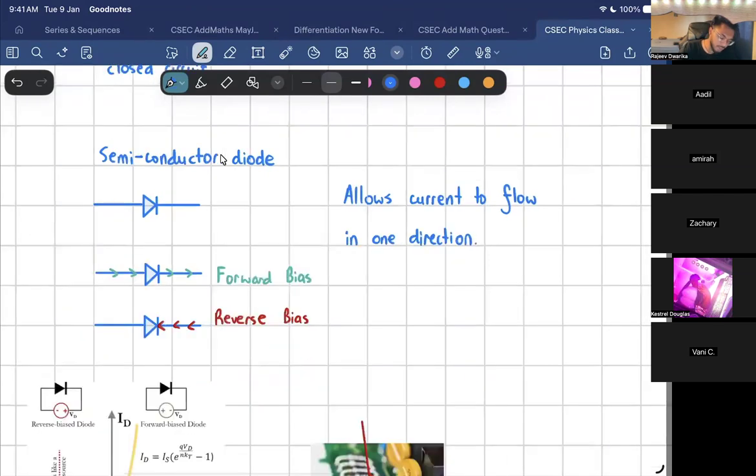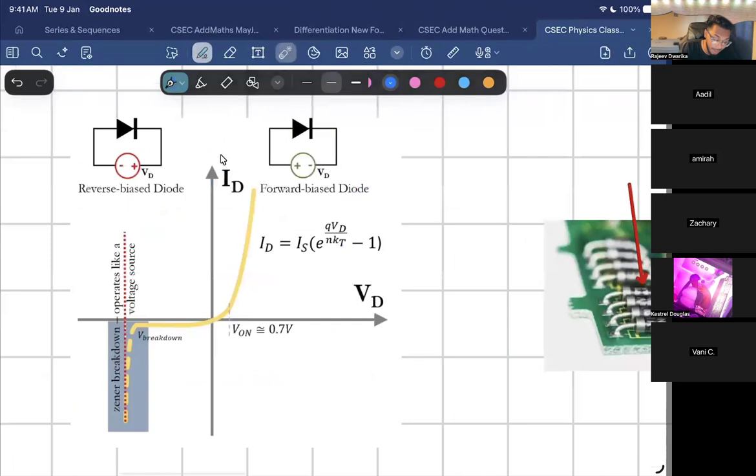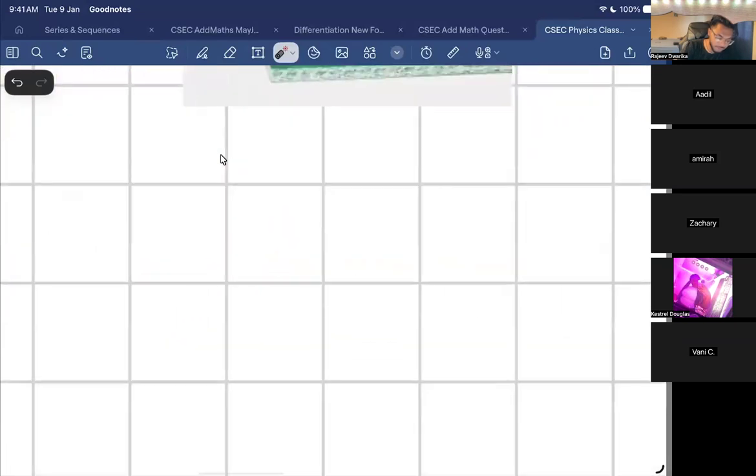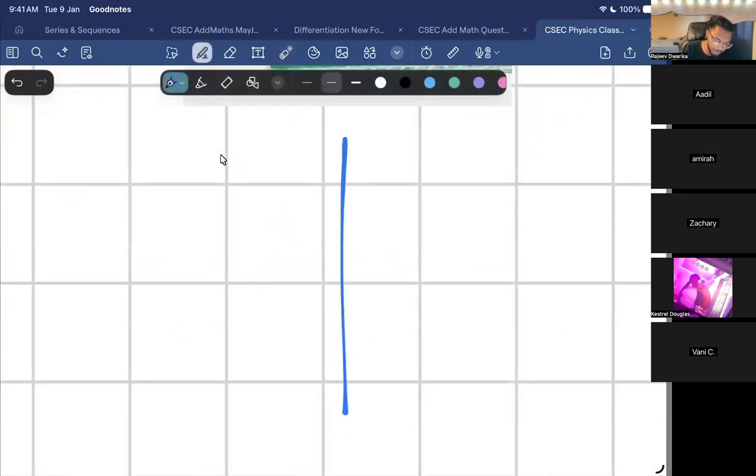Cool, that's a semiconductor diode. The IV characteristic graph looks like this. This is what you all have to remember. Even simpler, at this level, you just have to learn this. Let me just draw the graph, the simplest graph possible.